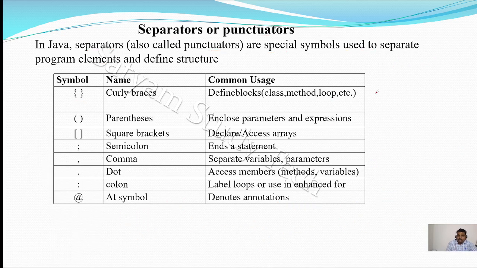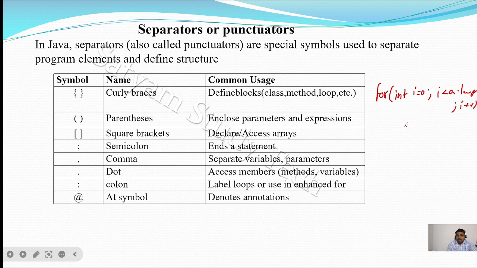In the old for loop you use it like this: int I equal to 0, I less than a dot length, where length is a property, I plus plus.